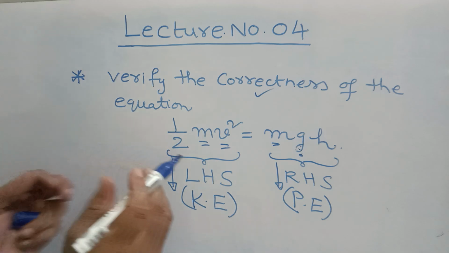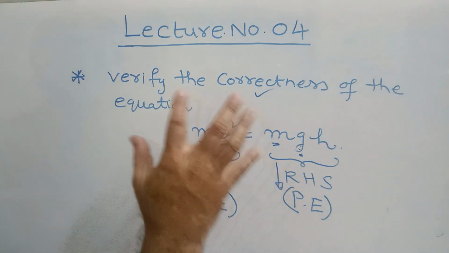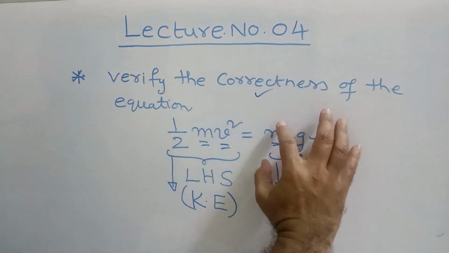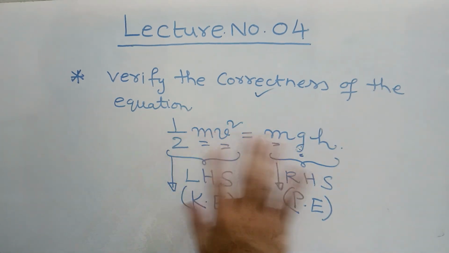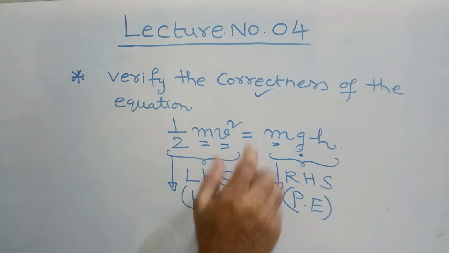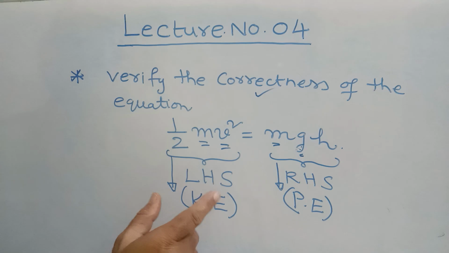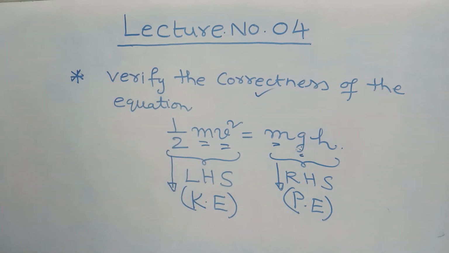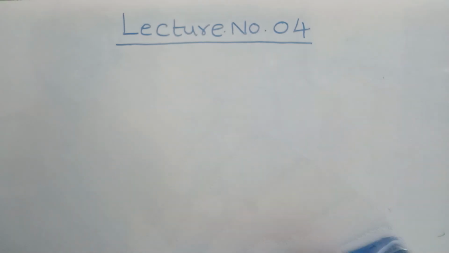In order to verify the correctness of the given equation, the dimension on the left side and the dimension of the right side quantity must both be equal. If both are identical, then the given equation is dimensionally correct, otherwise it's not correct. Then we will see whether it is correct or not. I hope you are getting this. Very, very simple.